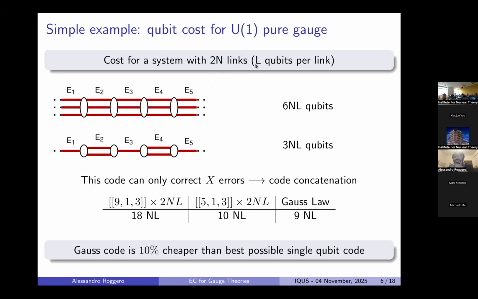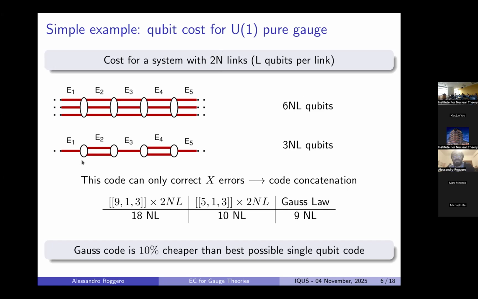Let's say you're truncating it to L qubits, which means you have a cutoff in the electric field, like 2 to the L over 2 minus 1 if you want. It depends on how you truncate it, right? So the idea is that if you directly use the repetition code, without using the gauge symmetry, the total number of qubits you need is 3 times 2n times L, it's 6nL qubits, right?